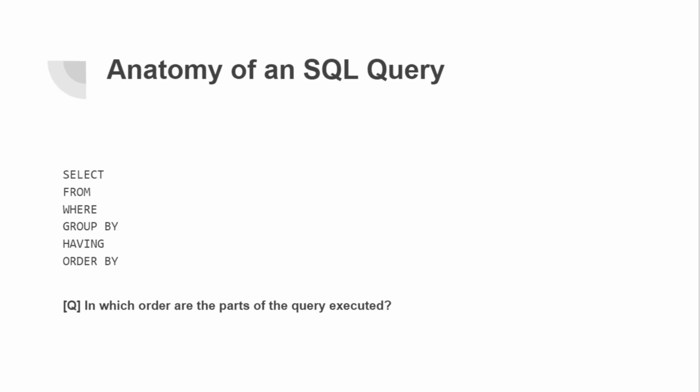What is the first thing the database does when it sees your query? Which of these clauses is evaluated first? Please take a second and answer this in the group chat. I just want to make sure that you're live.